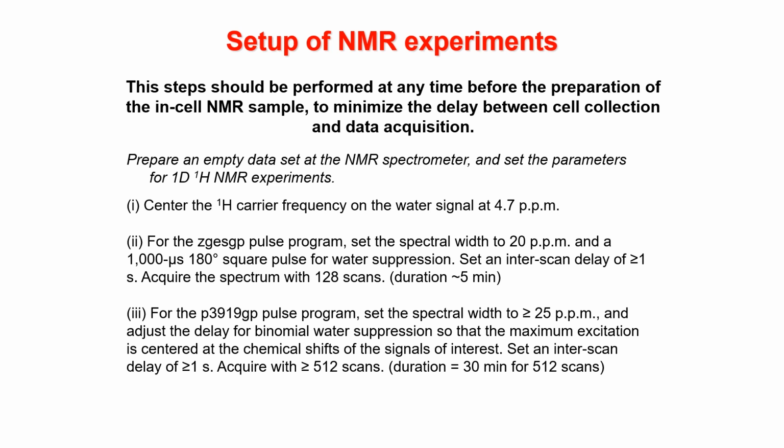So you set the spectral width to larger than 25 ppm in my case, and then you adjust the delay for the binomial water suppression. That is explained in the pulse program, so that the maximum excitation is centered at the chemical shift of the signals that you want to observe. And then again you set the interscan delay of 1 second or more, and as these signals are quite small, I usually do more scans, like 512 scans, and this lasts around 30 minutes.